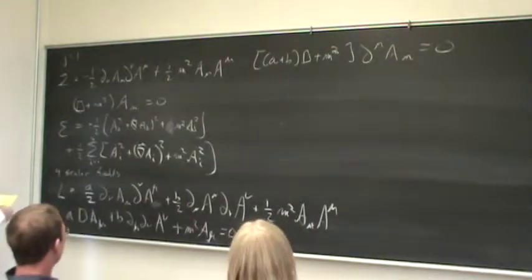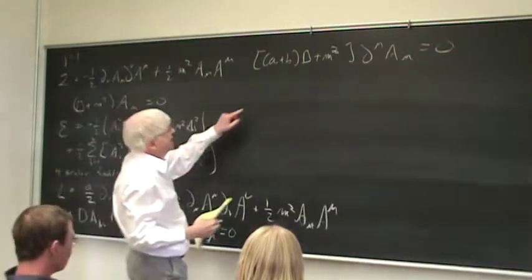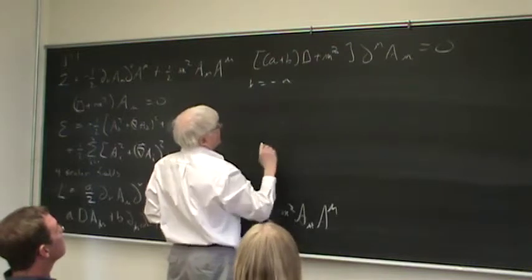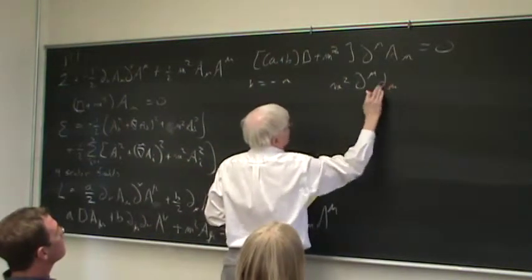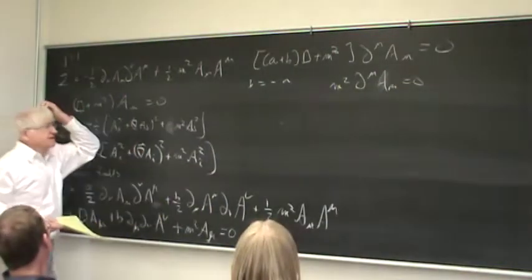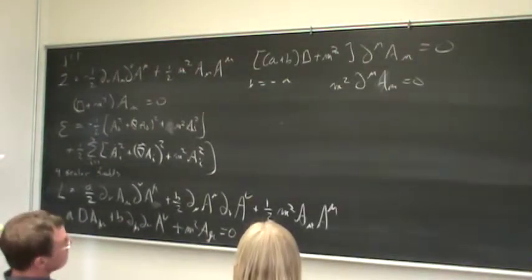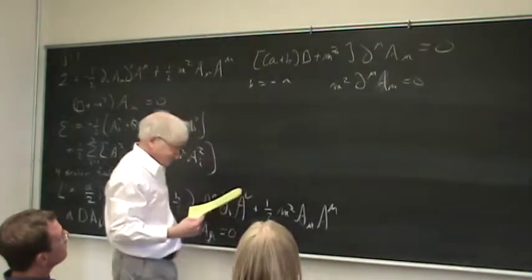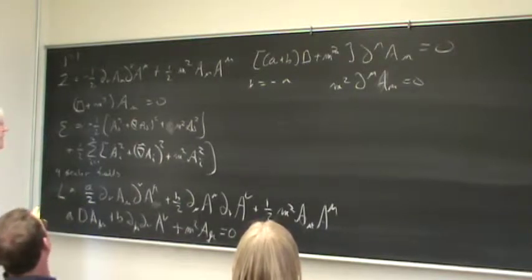Now, we're going to set B equal to minus A, and so then what we get is this. So by choosing B equal to minus A, the box term goes away, and we just get that this term has to vanish. And that means we removed 1 degree of freedom.